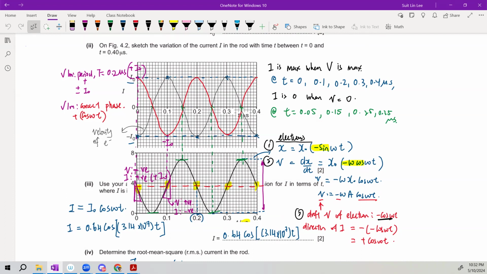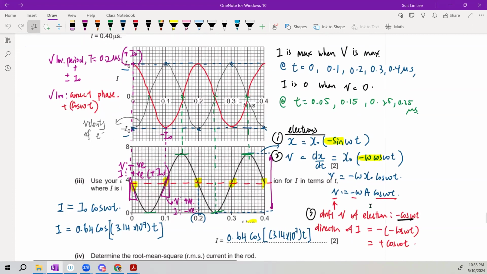The mark scheme says positive. Correct. It's positive, the red color one. Okay, direction of I is positive. Because when you differentiate sine, you get negative cos, but this is the drift velocity of electron.